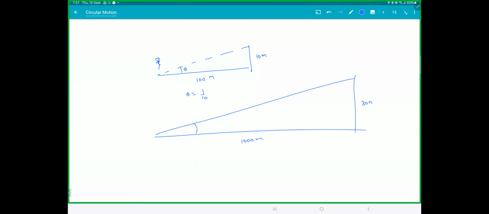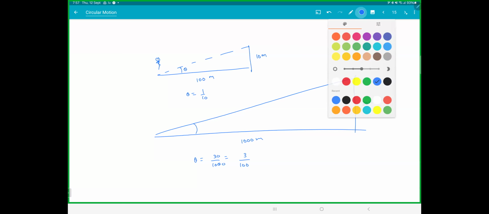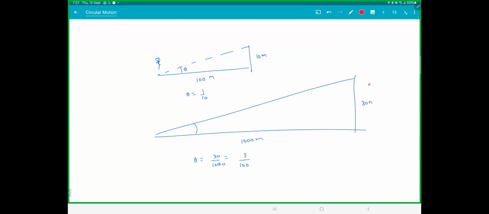This person will think the angle subtended theta is 30 by 1000. How much is this? 3 by 100, isn't it? So you will think this 30 meter tree is smaller compared to the 10 meter tree, isn't it?